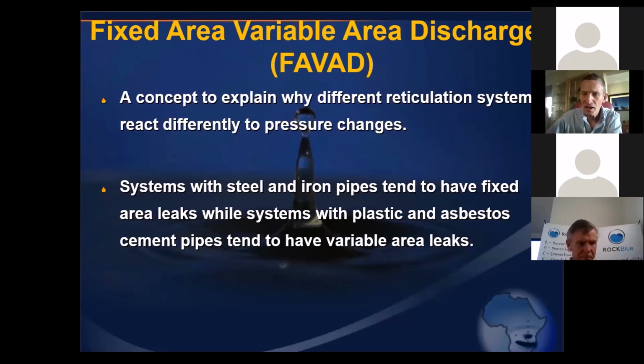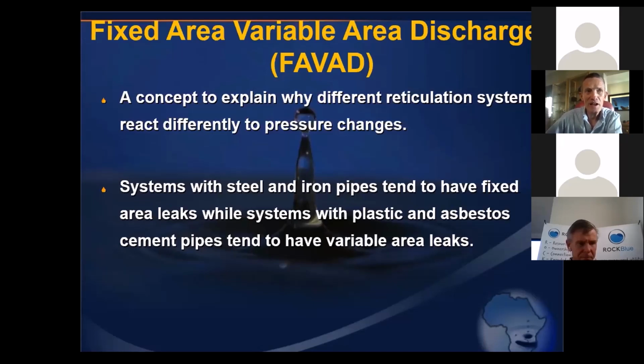And this is an explanation to try and explain why the leakage in some zones is more sensitive to pressure than other zones. And the reason for it is mainly the pipe material and the type of leak that occurs on certain pipe materials.